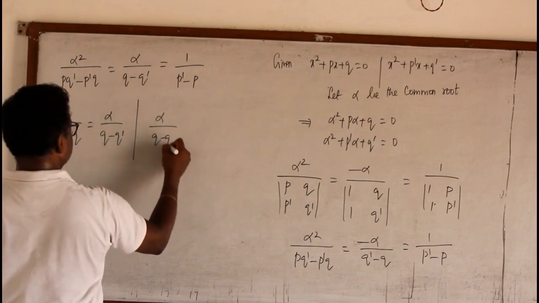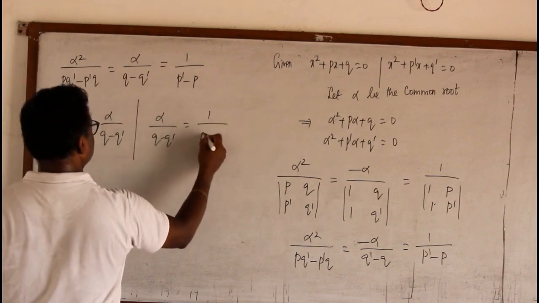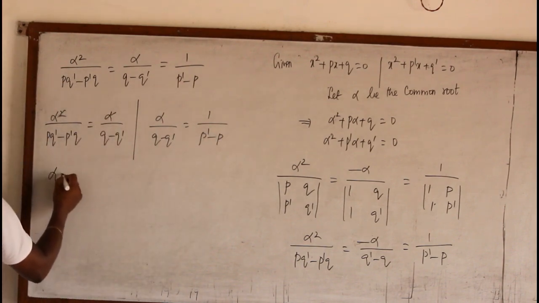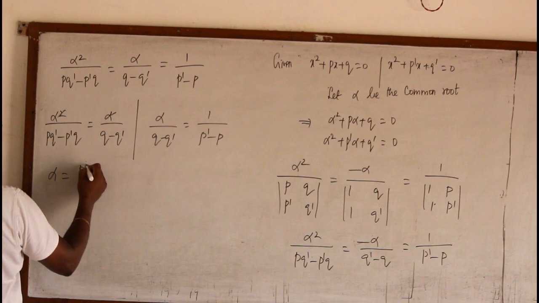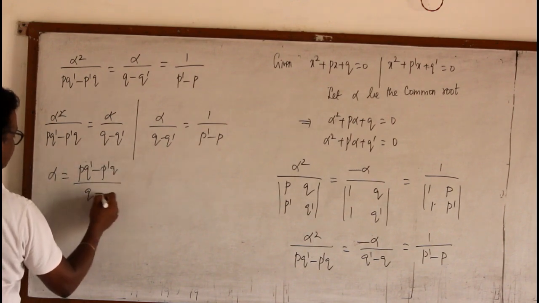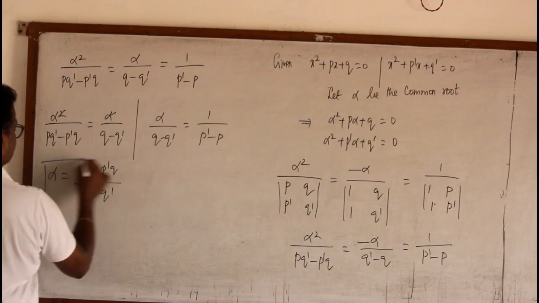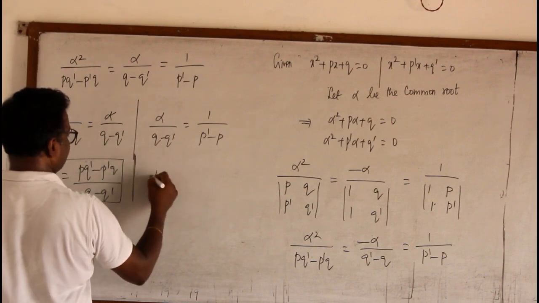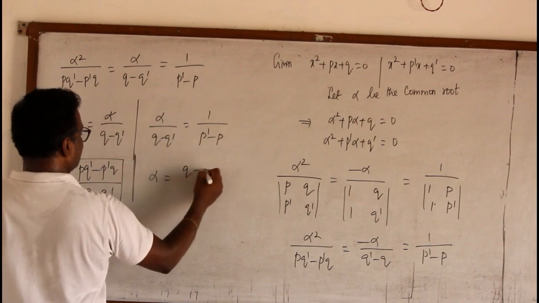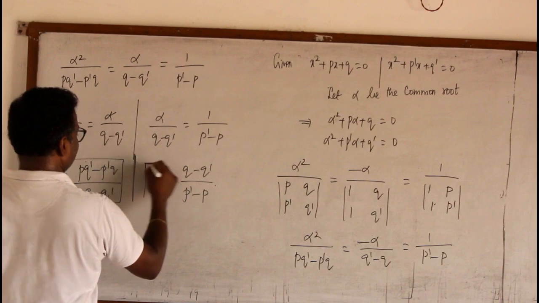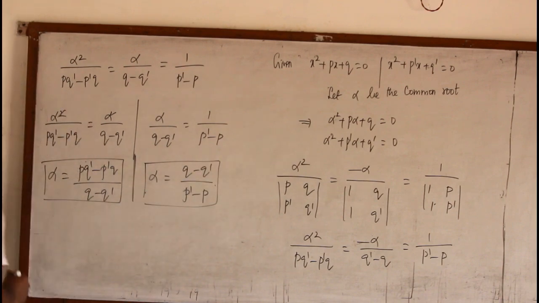Alpha by q minus q dash is 1 by p dash minus p. One alpha can be cancelled, so alpha is, cross multiplying, pq dash minus p dash q by q minus q dash. Or again, alpha is, cross multiplying, q minus q dash by p dash minus p. So we found two values for alpha.